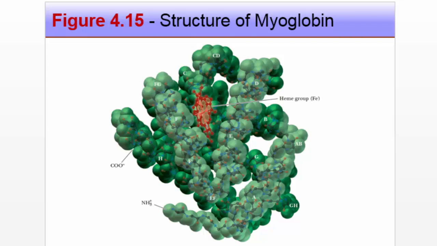The helical segments are designated by the letters A through H. This is H. And here A. So we have 8 of them, A through H. The terms NH3+ and COO minus indicate the N-terminal and C-terminal ends respectively. So here you can see this is the N-terminal and this is the C-terminal. And here in red you see the heme group.